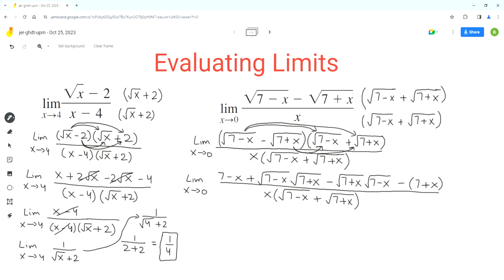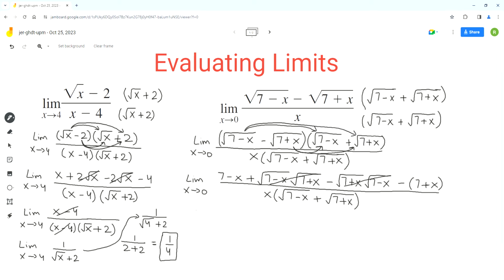So in the numerator, square root of 7 minus x times square root of 7 plus x, and this minus square root of 7 plus x and square root of 7 minus x are like terms, because in multiplication order doesn't matter. So that's why they are the same terms with opposite signs. So we are able to cancel them out.